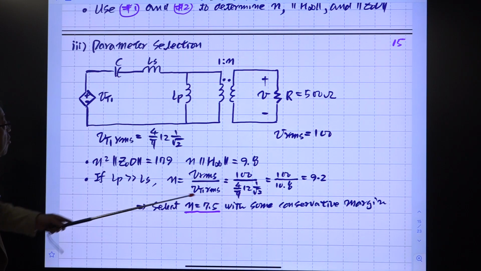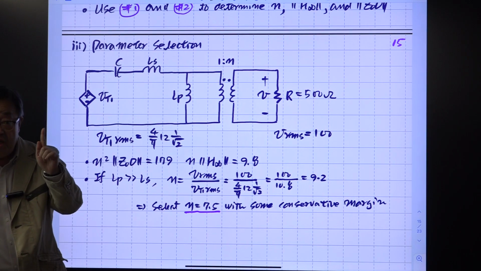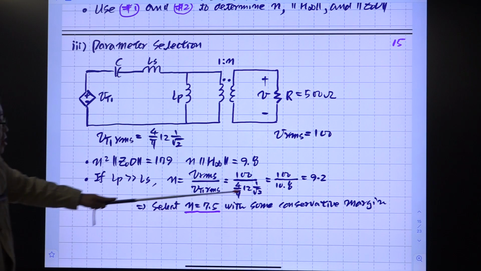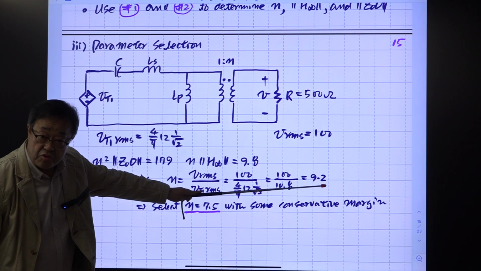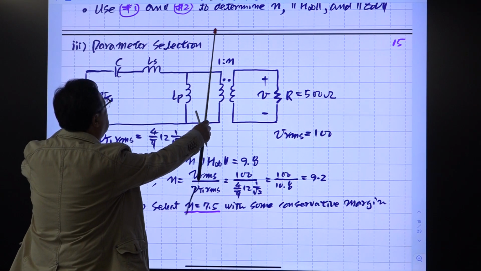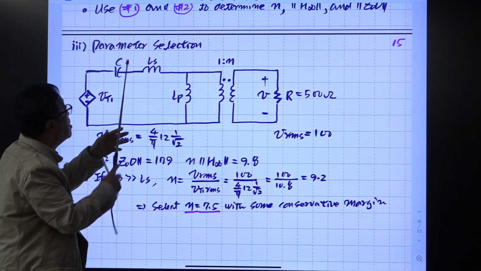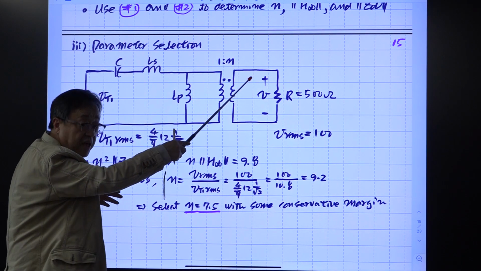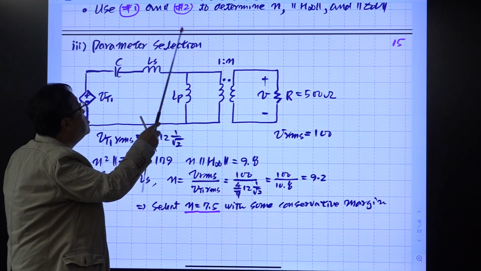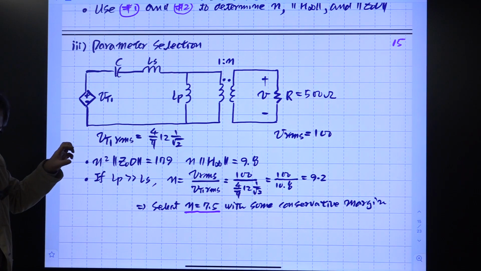So if the gain from here to there is just unity, then the turns ratio should be this number, 9.2, right? But usually this is what? This is the LLC tank, right? The LLC tank has this kind of gain characteristics. Probably the gain at the operating frequency will be larger than unity in general.